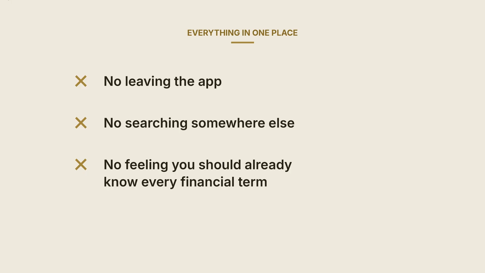But I don't want Mubeen to only explain the news. I also wanted to help beginners learn as they read. So when a financial term appears in a summary, the user can tap it and see a simple explanation right there. No leaving the app, no searching somewhere else, and not feeling like they should already understand every financial term.